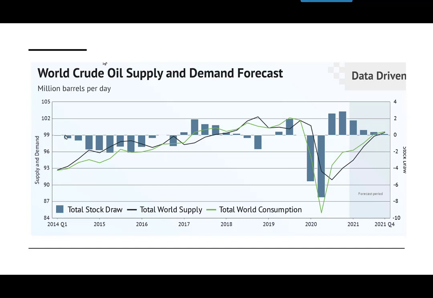The lighter line is the consumption. And you'll notice that consumption has been running above supply. So guess what? The term structure is telling us the same thing. There's a greater demand for oil right now than there is a supply for it. The bars show the difference between those two lines.